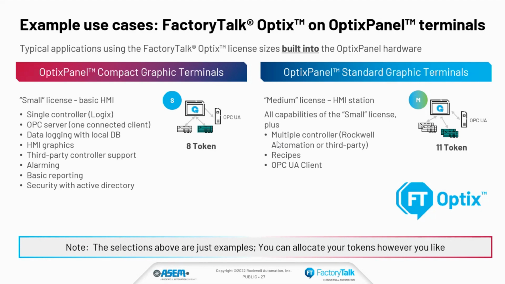And small means anything 8 tokens or less. And on the left shows an example of the features you may see in there, but it's just an example. Okay. And for anything up to a medium size application, which is 11 tokens or less, right, you would use the standard Optix panels.